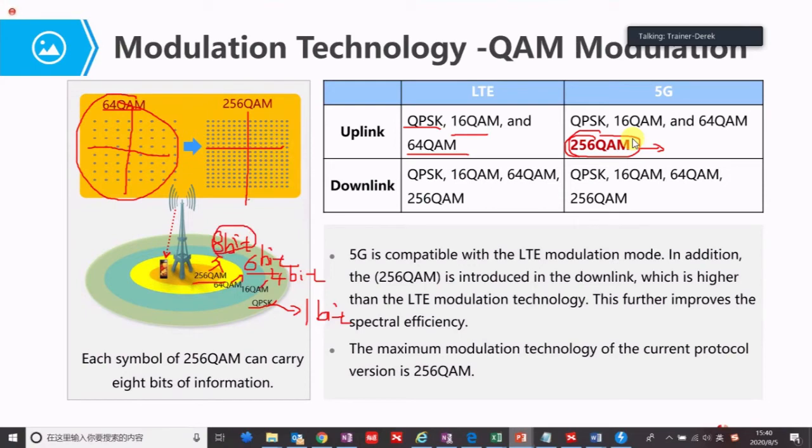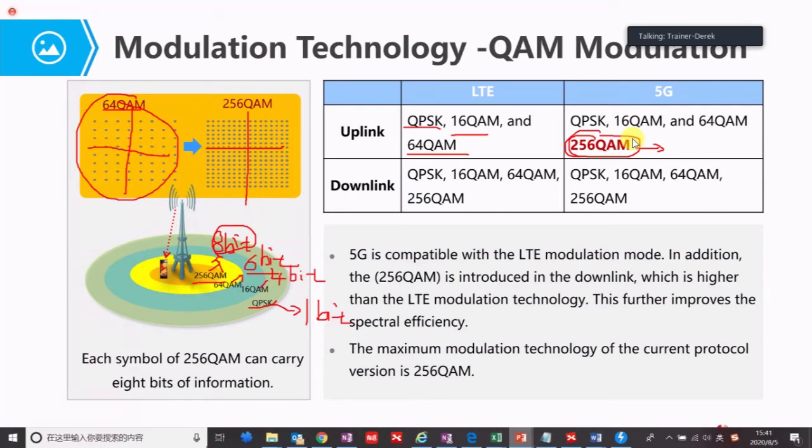But for this modulation, the signal quality needs to be good. Otherwise, it may cause interference between the two subcarriers.